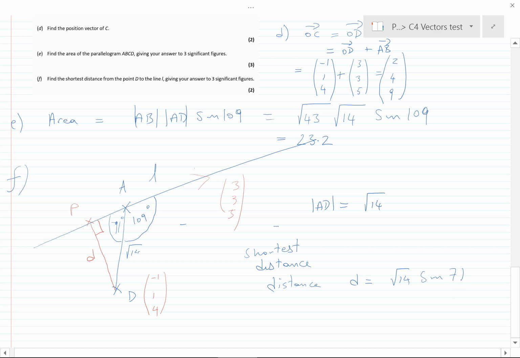But as I say, I've got that stored exactly in the calculator, 180 minus that 109, and that comes to 3.54 to three significant figures. Okay, so that question is done.